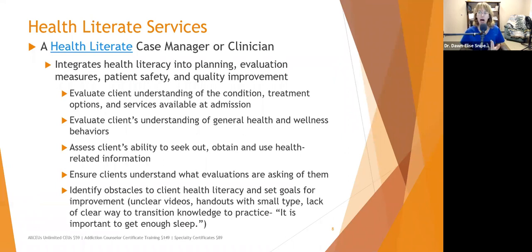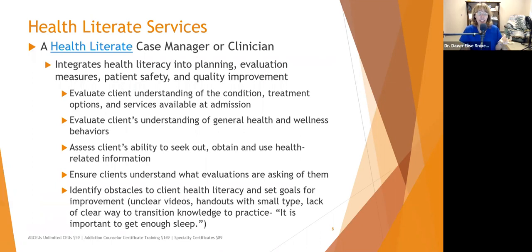And identify obstacles to the client's health literacy and set goals for improvement, such as, if there are unclear videos, ask clients after they've watched an informational video, did you understand everything in there, or was there something that I could clarify for you? If you have handouts, check them to make sure that the people that you're giving them to can actually read them.